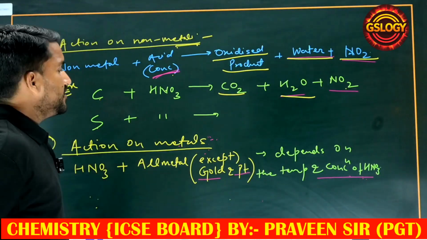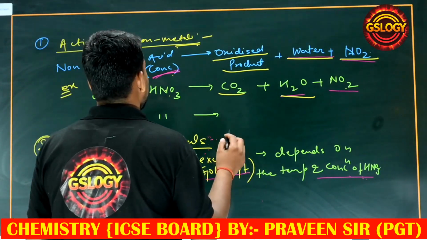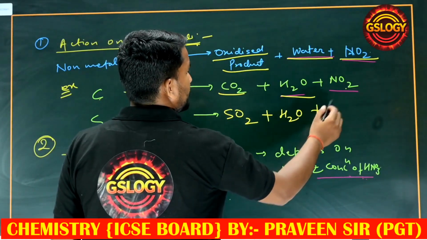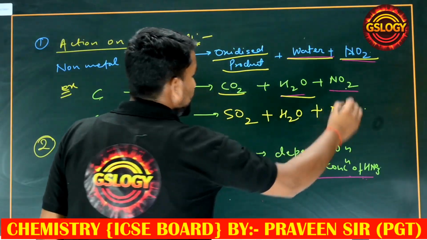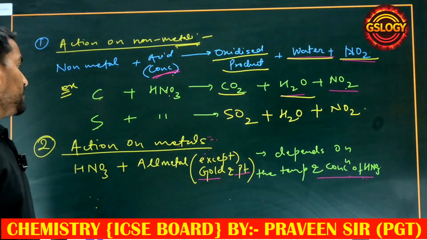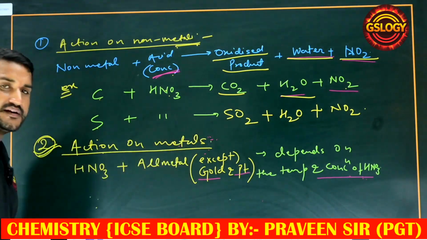Similarly, sulfur reacts with concentrated nitric acid, then it will form what? Sulfur dioxide plus water plus nitrogen dioxide. So this is the reaction of action on non-metals. Next is action on metals.